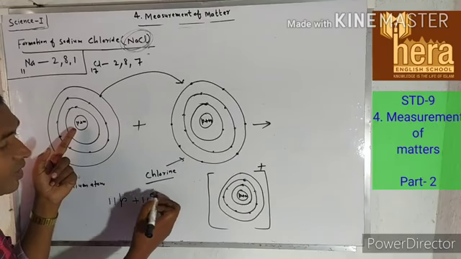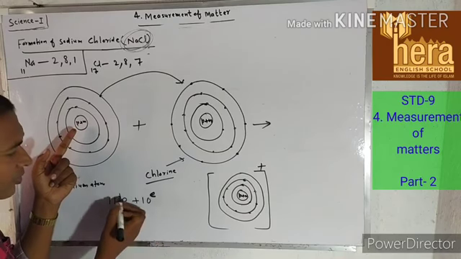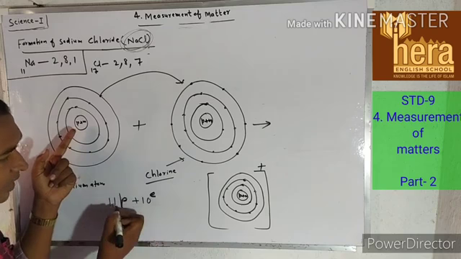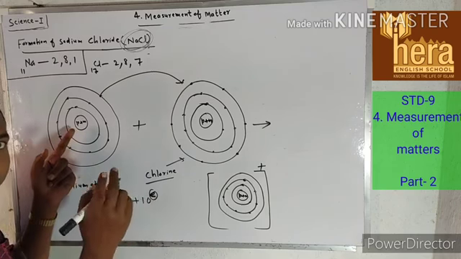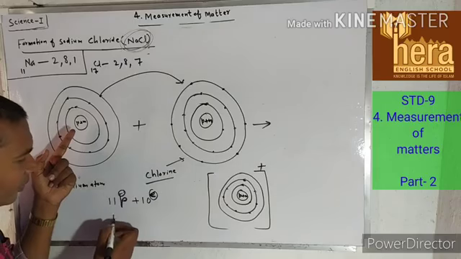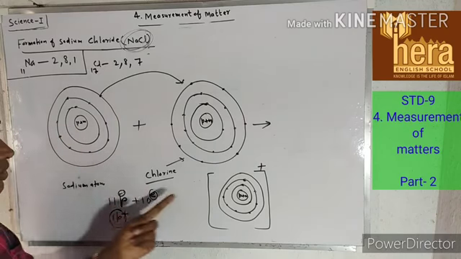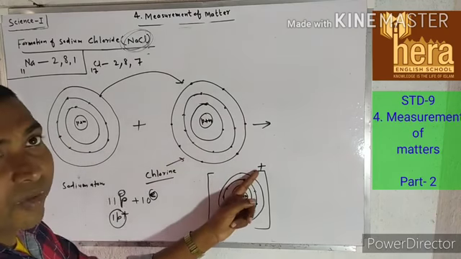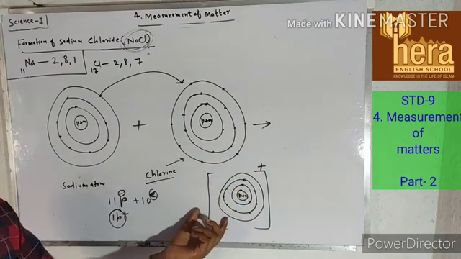Electron is negatively charged, proton is positively charged. So 11 electrons and 11 protons cancel out, and one proton is remaining. So on this atom there is a positive charge. That's why I have written here one positive charge, because one proton is extra.